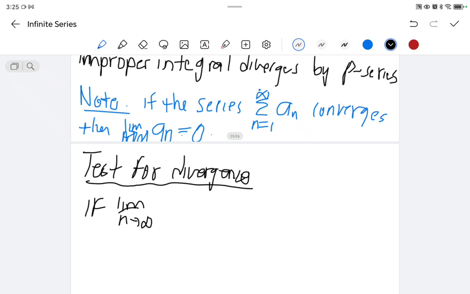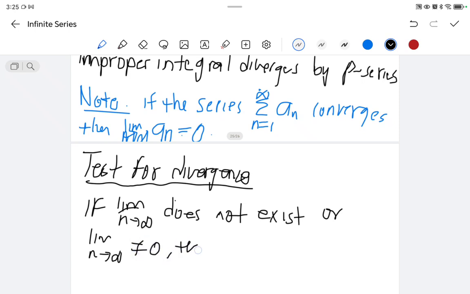So if the limit does not exist, or the limit as n approaches infinity is not equal to 0, then this series of a of n diverges.